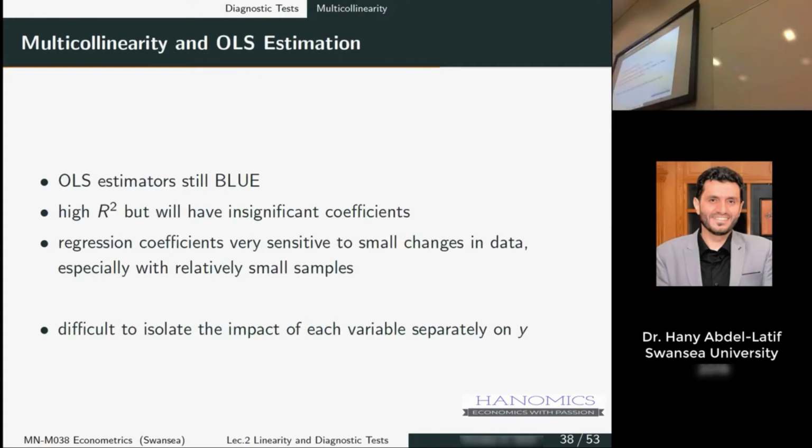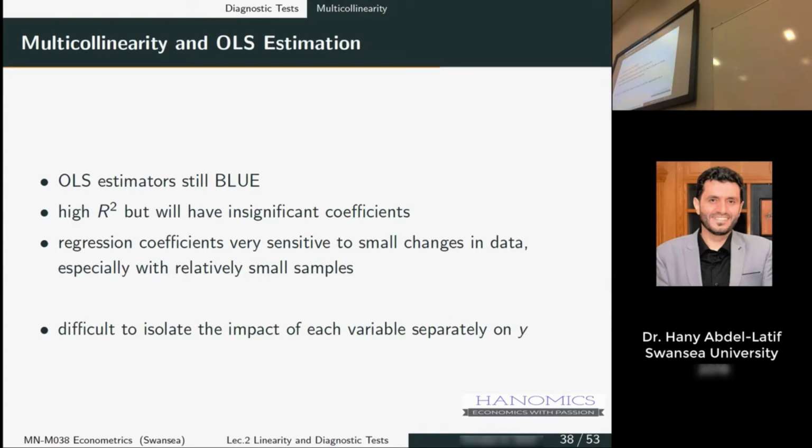Well, your estimator will still be BLUE, best linear unbiased estimator, but although you have a high R square, which indicates that you have a good model, most of your coefficients are not significant.